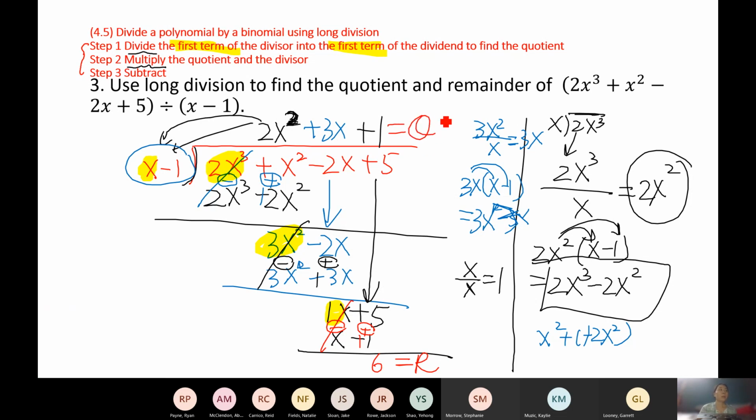The other way to write the answer is: this will be equal to 2x squared plus 3x plus 1 plus 6 over x minus 1. Either you mark in your answer that's the remainder, that's the quotient, or you can write down the quotient plus remainder divided by the divisor.